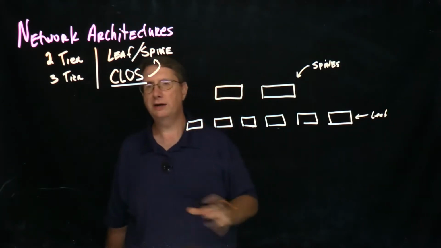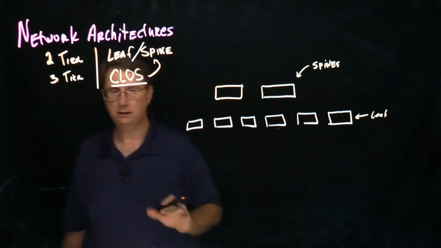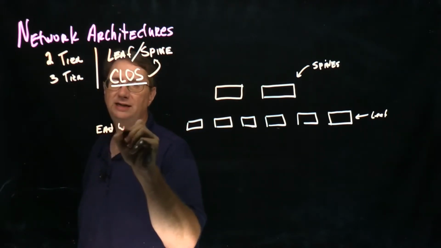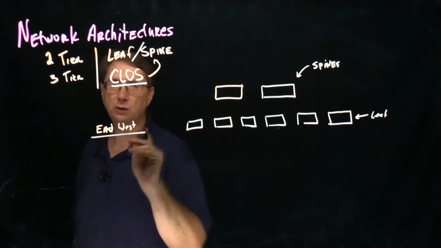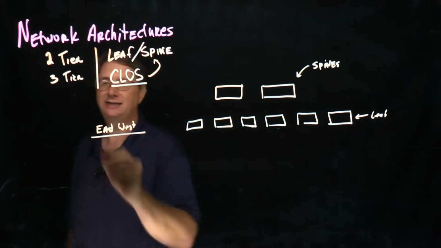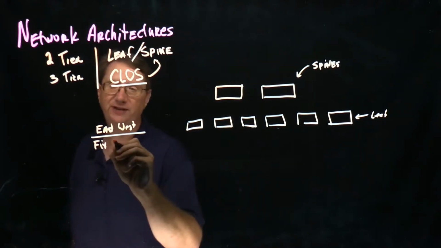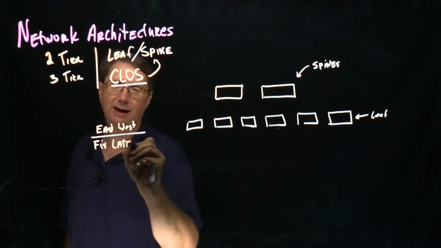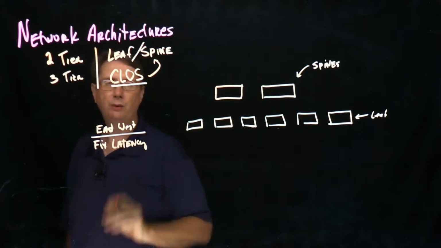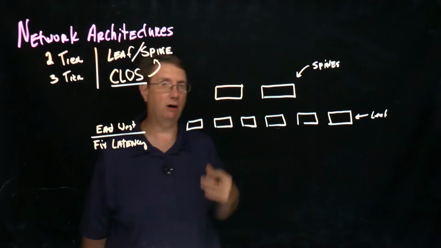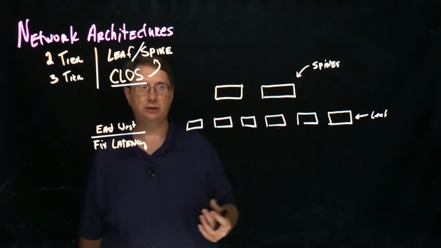Now, when it comes to leaf spine, the design was optimized to support the concept of east-west traffic. And it was also designed to give me some ability to fix the latency in my network. And we do that by controlling how far packets actually travel.